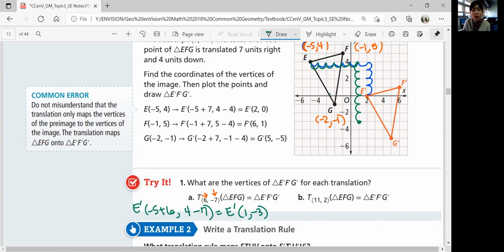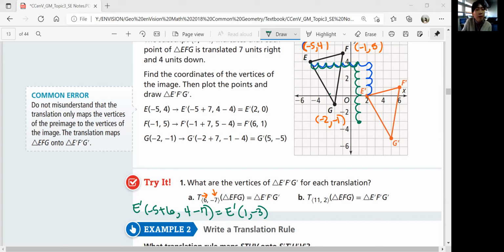Okay, using the same steps, you're going to figure out F prime and G prime as well. So from your F, -1, 5, you're going to add 6 on your X value and subtract 7 on your Y value.